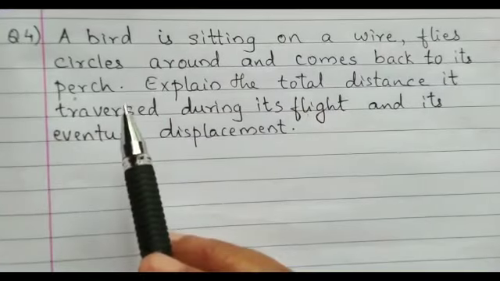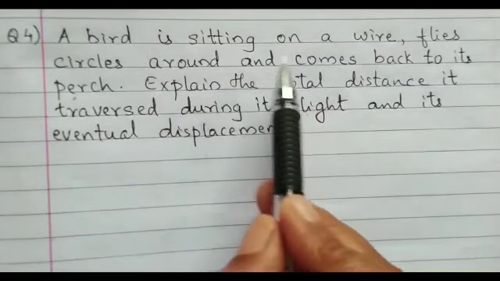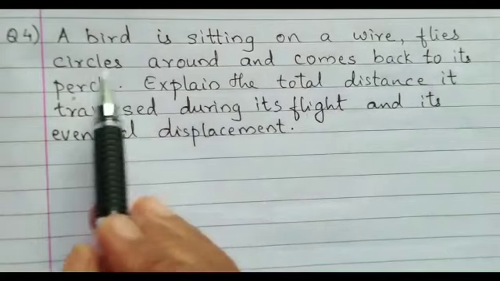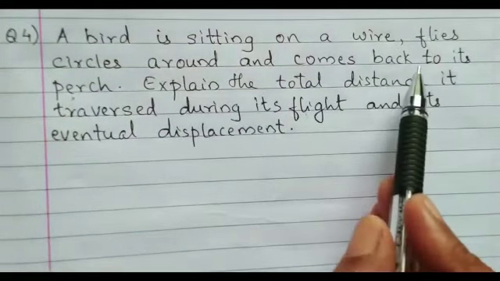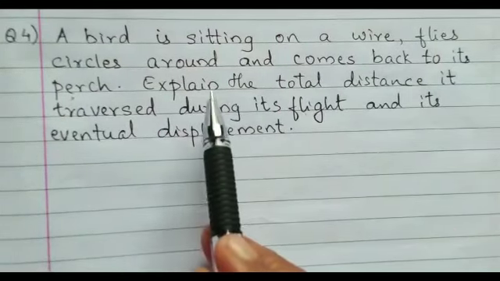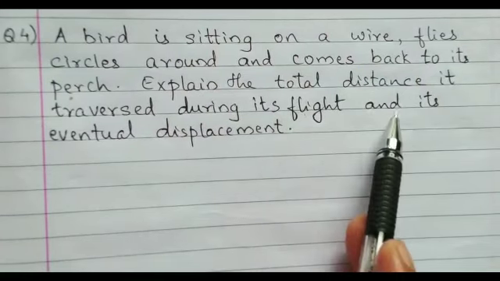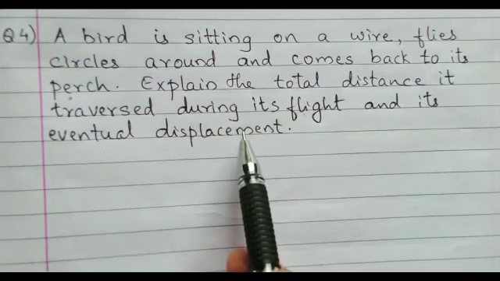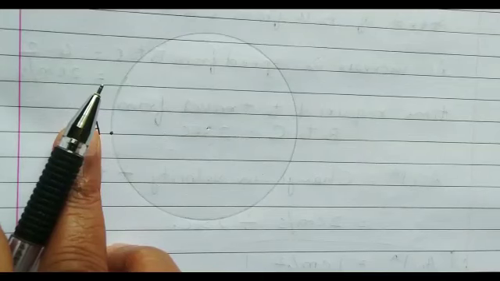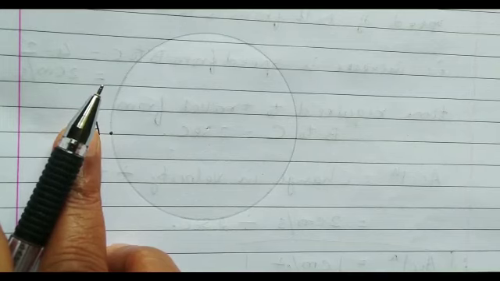Now let's see question number 4. A bird is sitting on a wire, flies circles around and comes back to its perch. Explain the total distance it traversed during its flight and its eventual displacement. The question says, a bird sitting on a wire flies circles around and comes back to its perch.